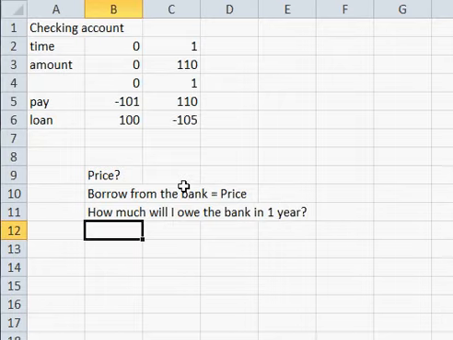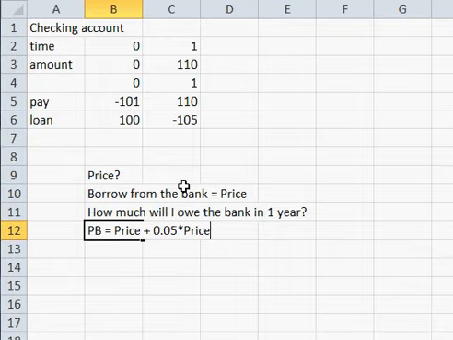I'll label that PB: how much do I have to pay back the bank? We have to pay back what we borrowed, so we have to pay back the bank price. That's the dollar amount that we borrowed. But we also have to pay back the interest on price. We said that that interest was 5%, so take 5% of the price, and that's an additional amount I'll have to pay back.